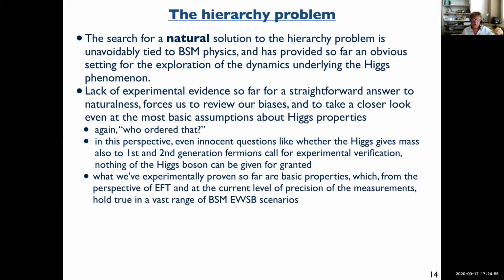What we've measured so far are very basic properties of the Higgs, which from the perspective of an effective field theory, and at the current level of precision of experiments, would be true for a huge range of BSM electroweak symmetry breaking scenarios. So the Higgs behaves as a standard model Higgs because at the level of what we've been measuring, it cannot do anything else.